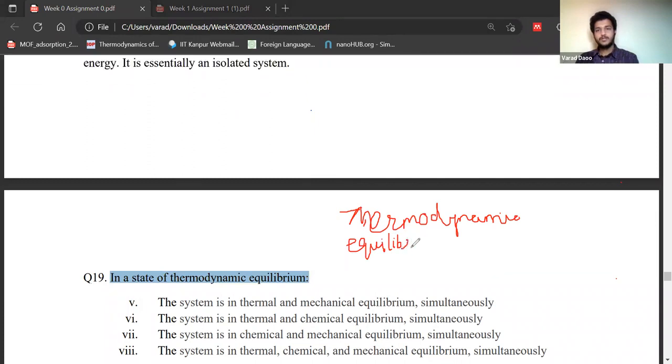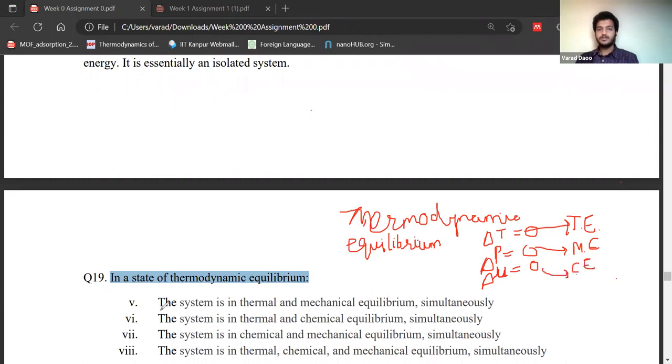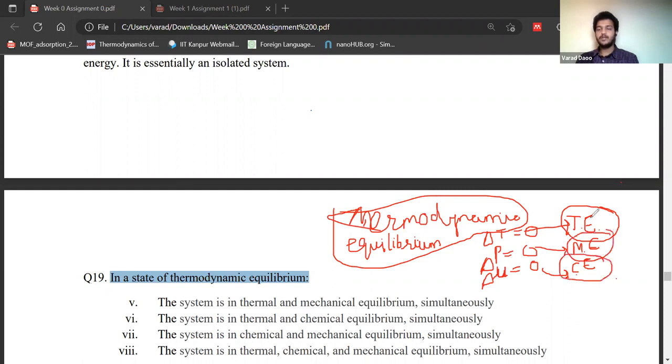Thermodynamic equilibrium means change in temperature is equal to 0, change in pressure equal to 0, change in chemical potential is equal to 0, right? So this means thermal equilibrium, this means mechanical equilibrium, and this means chemical equilibrium, right? So for a system to be in thermodynamic equilibrium, it has to be in thermal equilibrium, mechanical equilibrium, and chemical equilibrium at the same time.